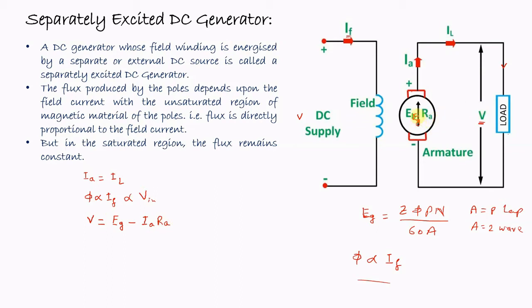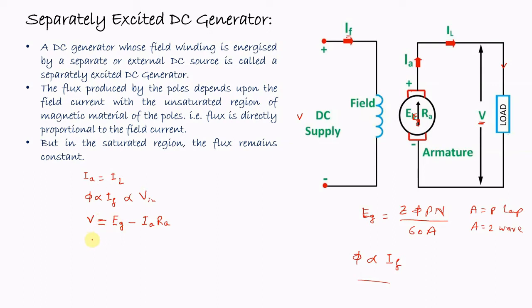So when the current is flowing through the windings of the armature, then there will be a voltage drop in the armature winding. So if we subtract this voltage drop from the generated EMF, then that will be the voltage across the load.